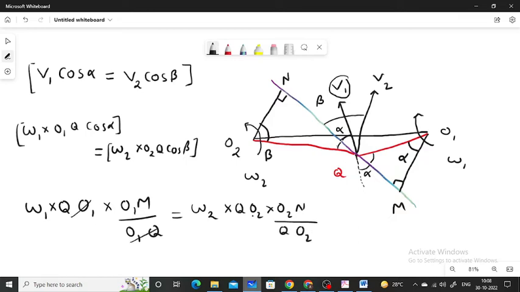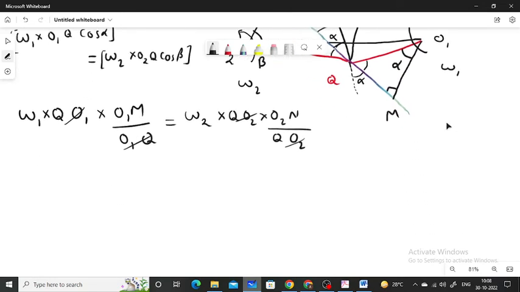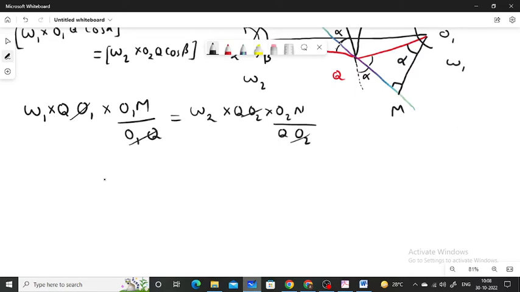From here, omega 1 by omega 2 will be equal to O2n upon O1m.